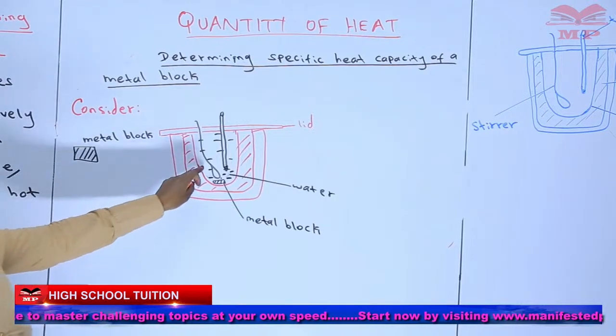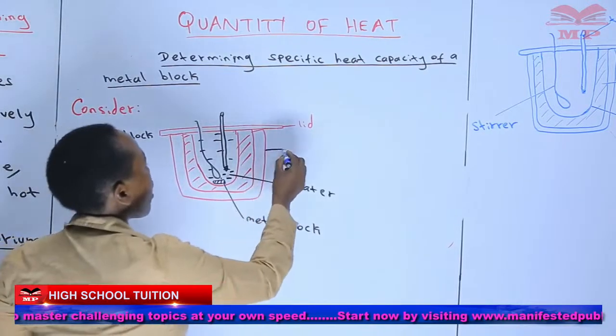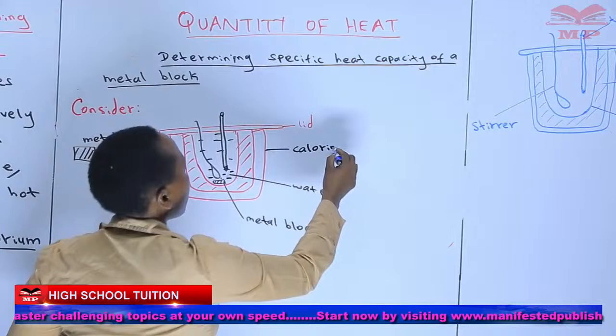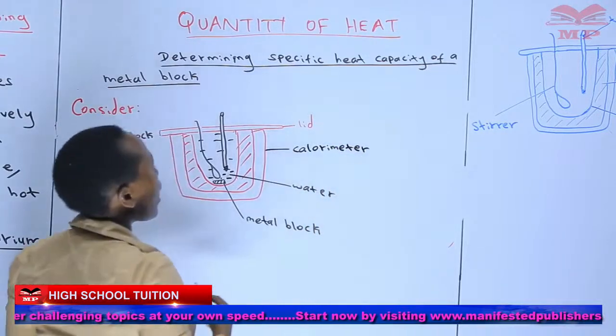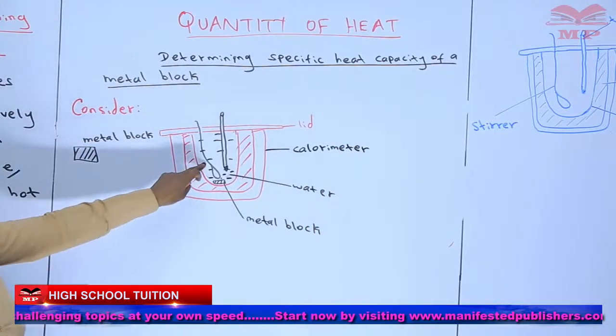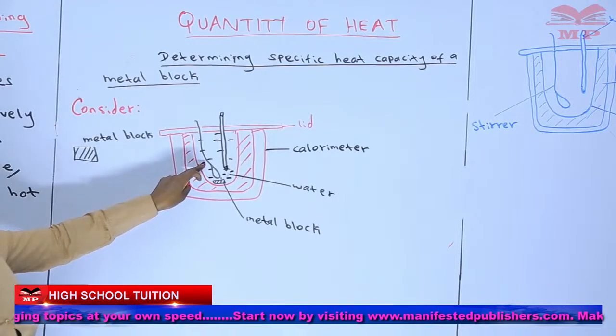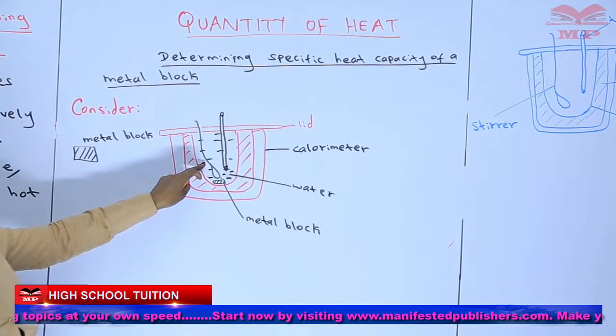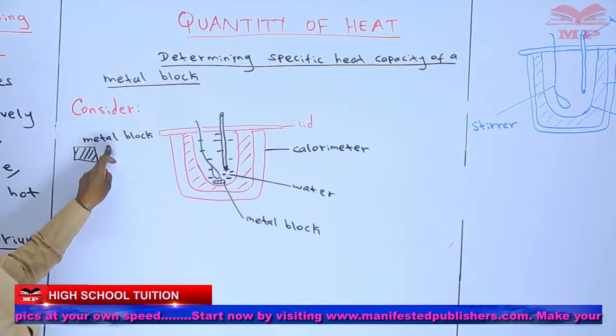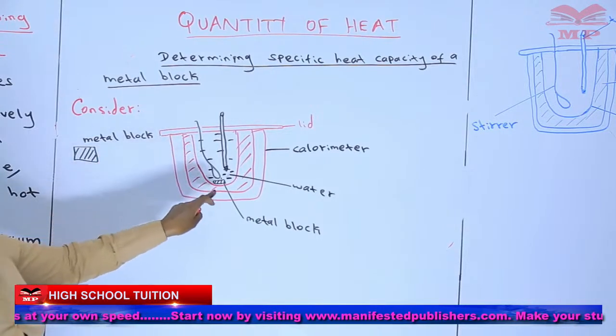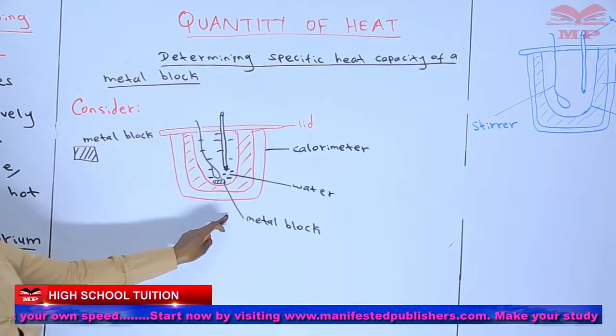So here we are having our calorimeter. And in the calorimeter, we have water. This water is at a certain temperature. And then a hot metal from an oven is transferred into the calorimeter.